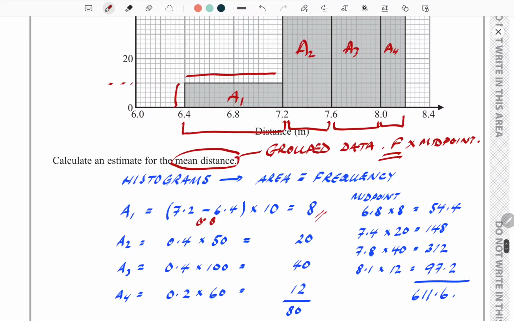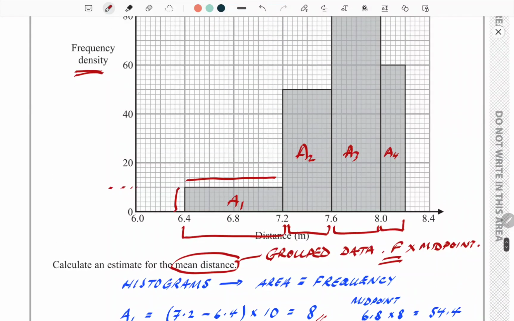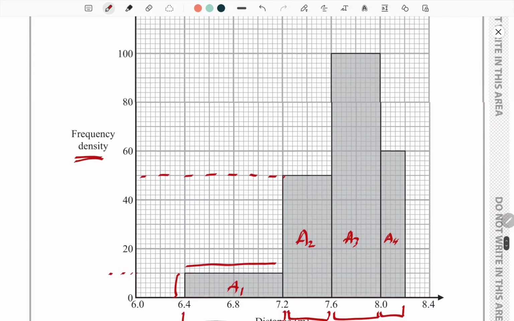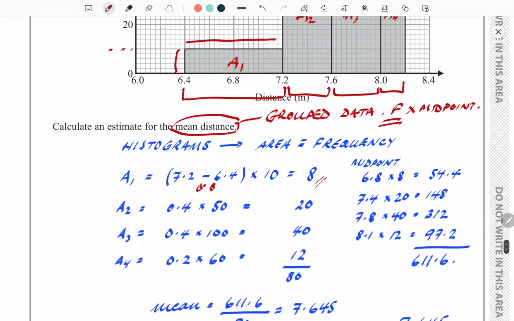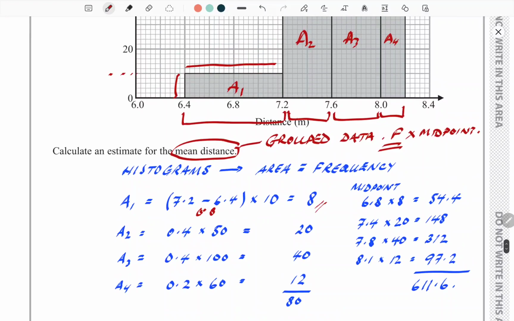Without boring you to tears, using the same method, the height in each case you just read off the table. Area 2 is given by the width, 0.4 times 50, which is 20. Area 3, 0.4 times 100, is 40. And area 4, remember, is 0.2 times 60, which is 12.